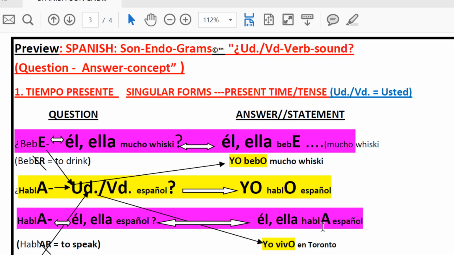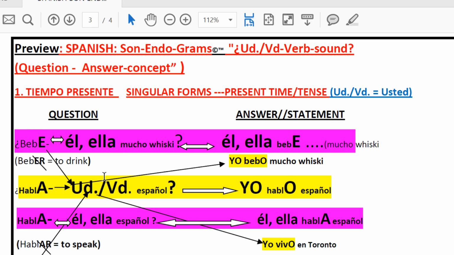Now, similarly, for the beber, here you have the infinitive sound beber. You put the question, do you drink a lot of whiskey? Bebe usted mucho whisky?